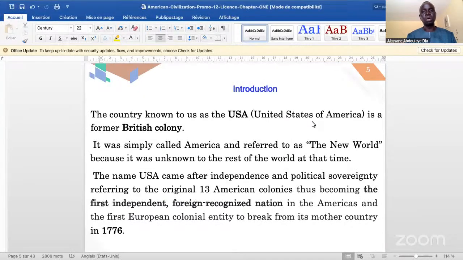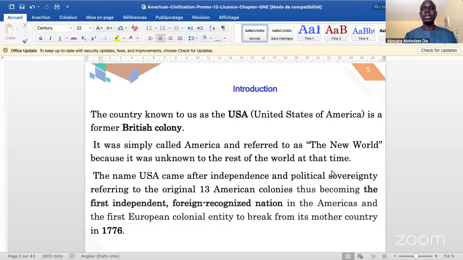America was colonized by the British. I will tell you that. It was simply called America. It was called America and referred to as a New World because it was unknown to the rest of the world at that time. To make it simple, I told you that in this chapter, at this period of American history, we cannot talk about the United States.